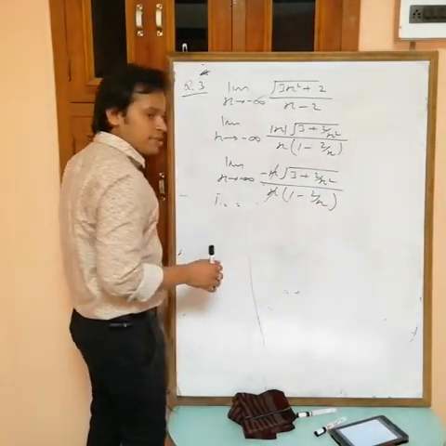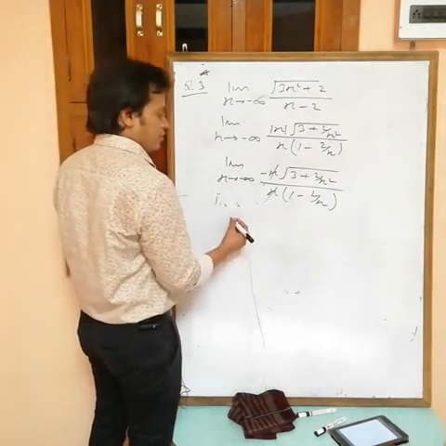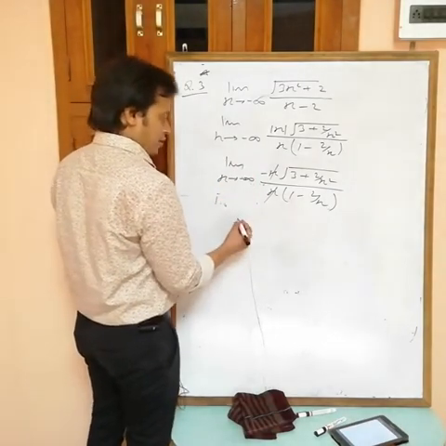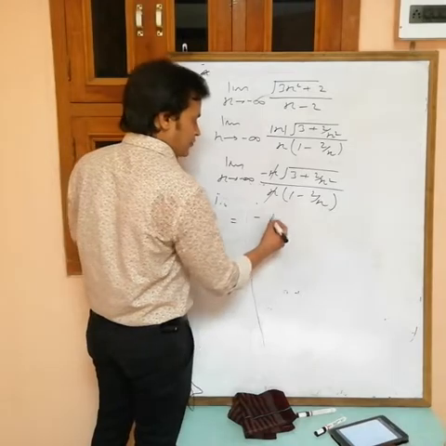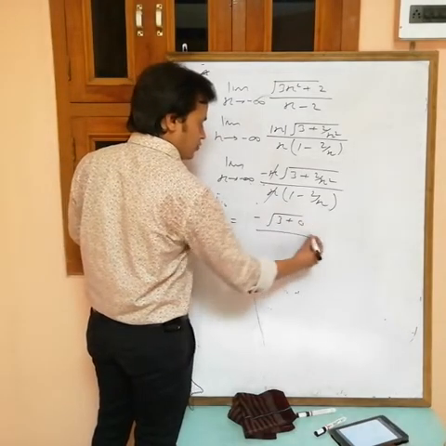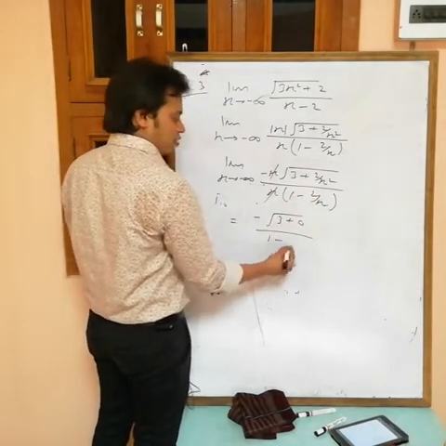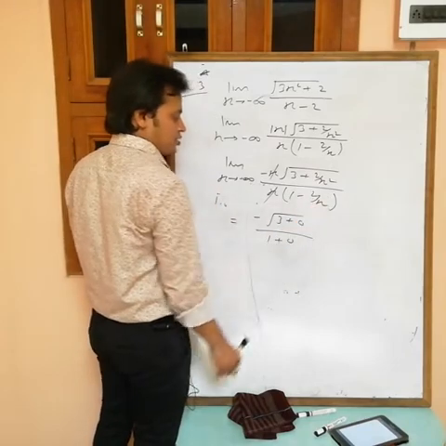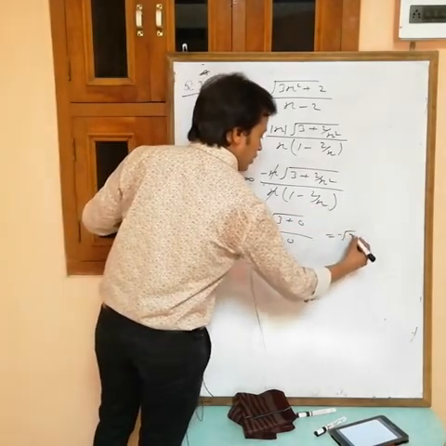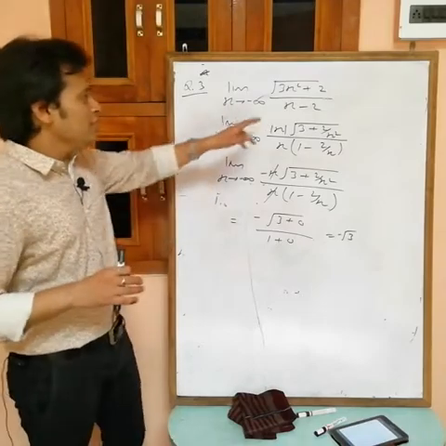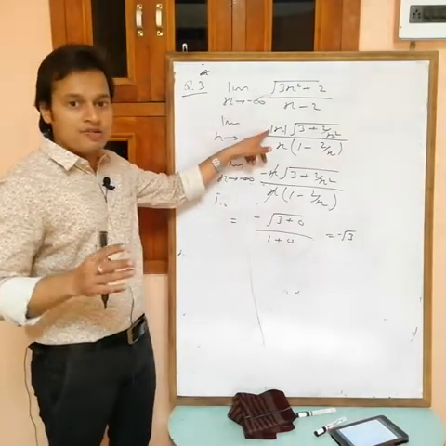Then x cancels out. Now put x equals to minus infinity. You get minus root 3 plus 0 by 1, minus minus becomes plus, but 2 by infinity is 0, and the answer is minus root 3. Actually, if you write only x, then you will get the answer as root 3.